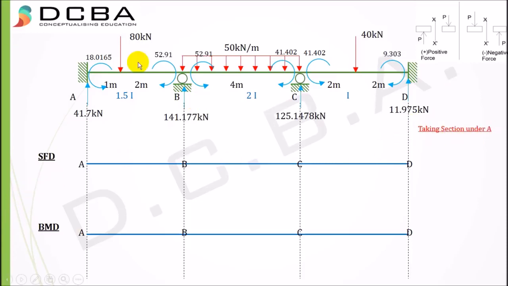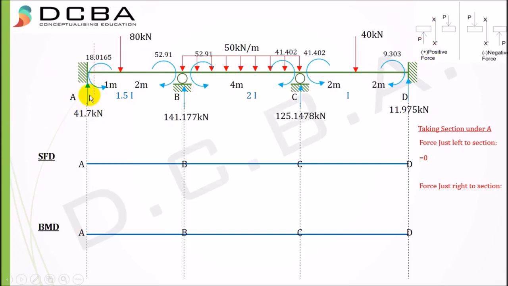Taking section under A, this is our first point, so we'll start from here and I'm taking the section here. So force just to the left of the section. Now just to the left of this section is basically outside the beam and there is no force outside the beam, so it is equal to 0. And force just to the right of the section, I'll be considering the left part of the beam, and as you can see from the sign convention, upward force in the left part of the beam is considered as positive.